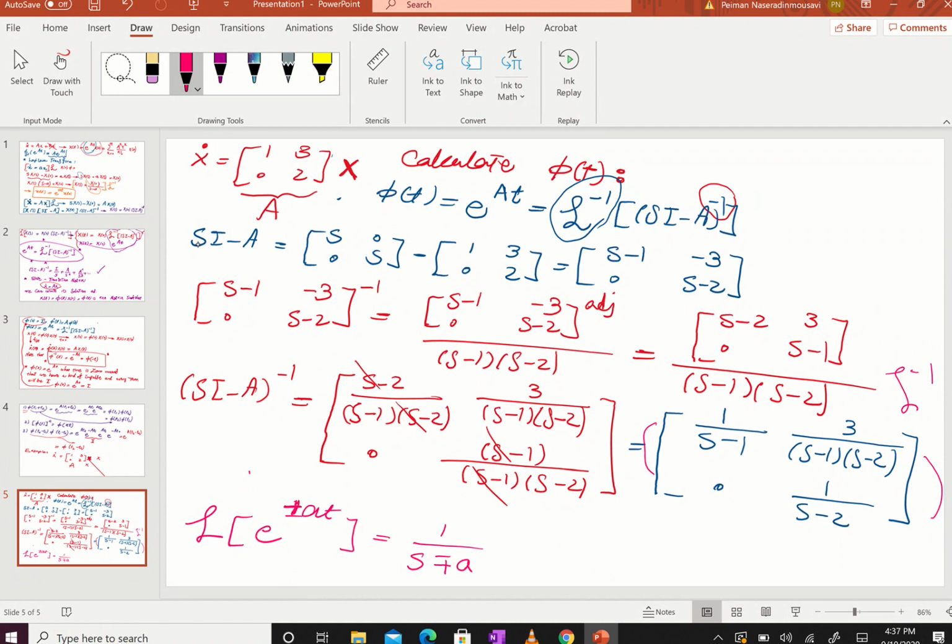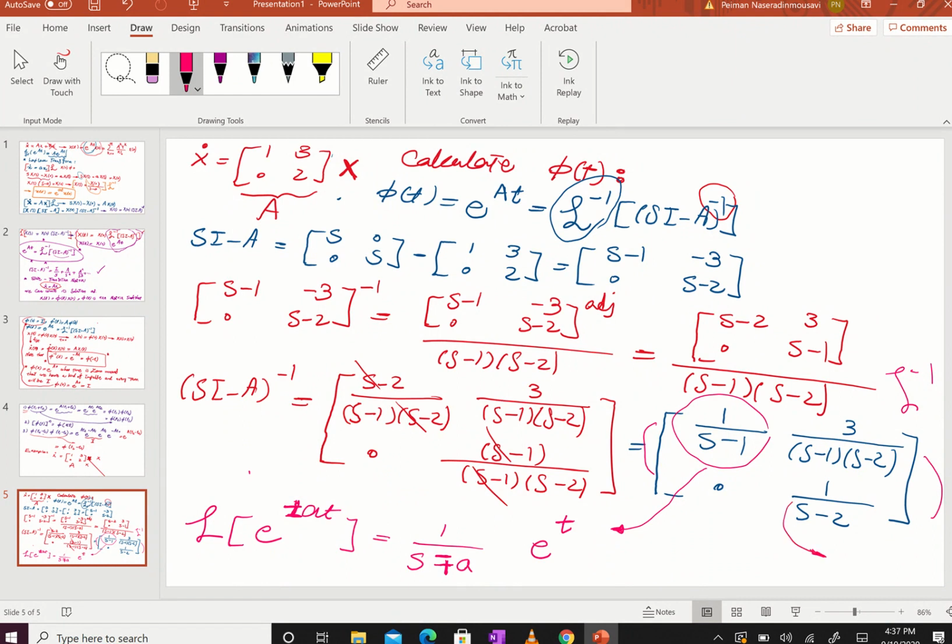This is plus minus, this is minus plus, right? So comparing that with this, the inverse Laplace of this is going to be how much? Yes, e^t, because your a is 1.